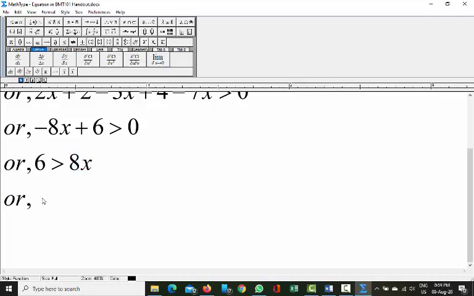Now pay attention. If you move this 8 to the right hand side, what we will have is 6 divided by 8 x. So 6 divided by 8 is greater than x.